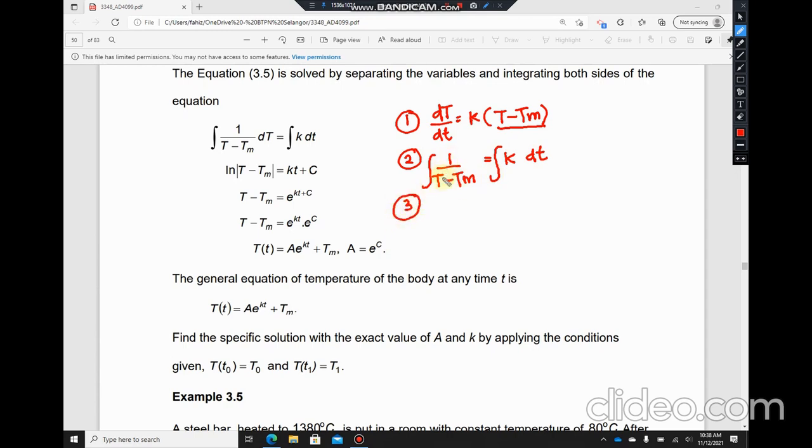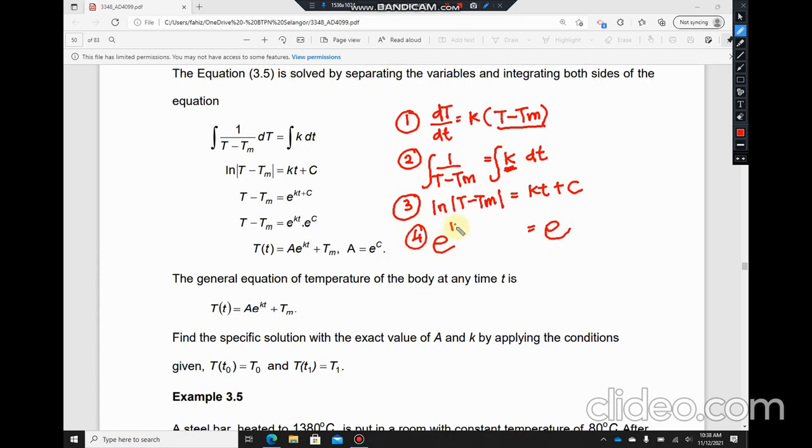Okay, integrate yang ni dia akan dapat ln|T - Tm|, and then this one dia akan dapat kt + C. Okay, sebab yang ni cuma constant, so you just put t lah kat sini bila kita integrate. Okay, kita nak hilangkan ln, kita akan letak eksponen kiri dengan kanan.